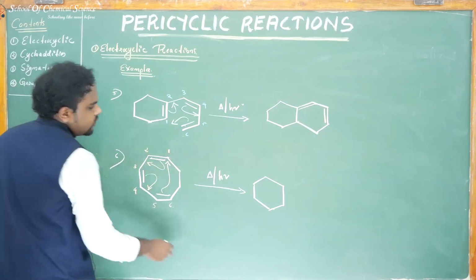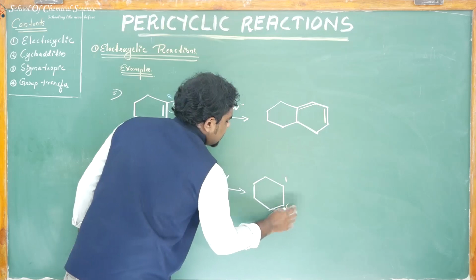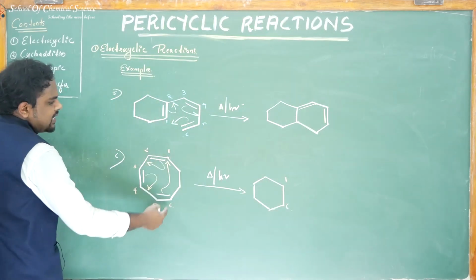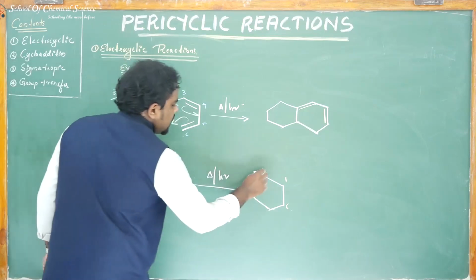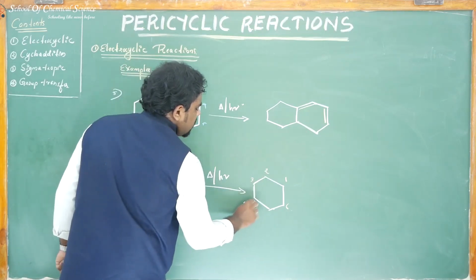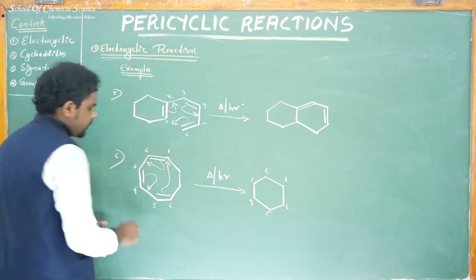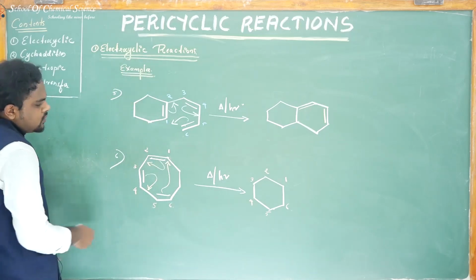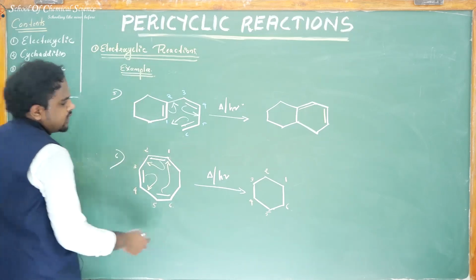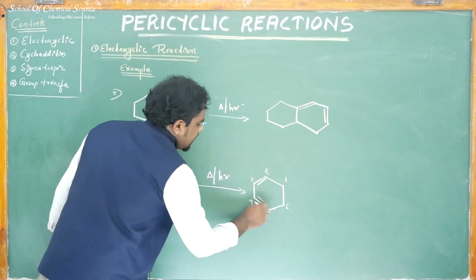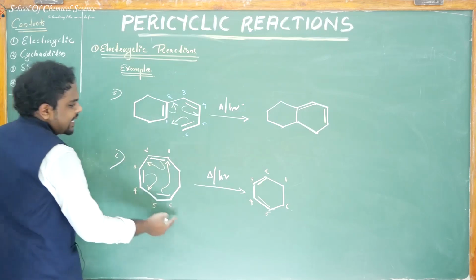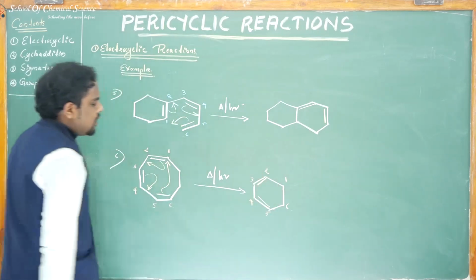You can number this as 1 and this as 6, so between 1 and 6 a new sigma bond is formed. This is 2, 3, 4, 5. What about the new pi bonds? Between 2 and 3, a pi bond. Between 4 and 5, a pi bond. Between 1 and 6, the new sigma bond.